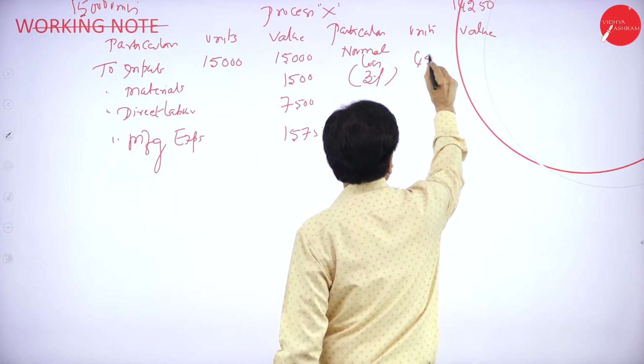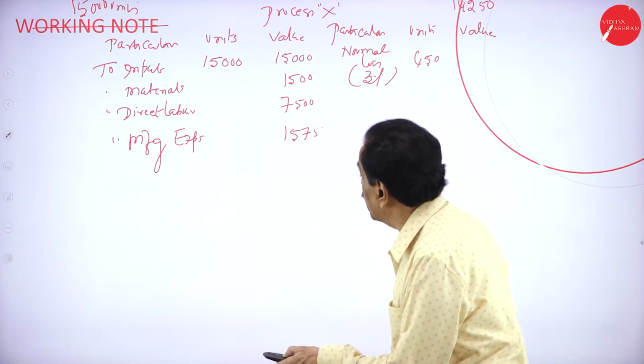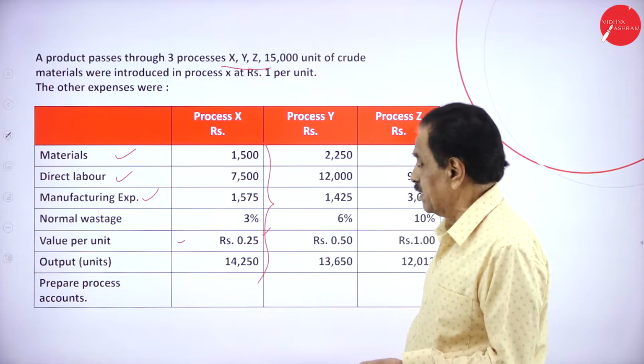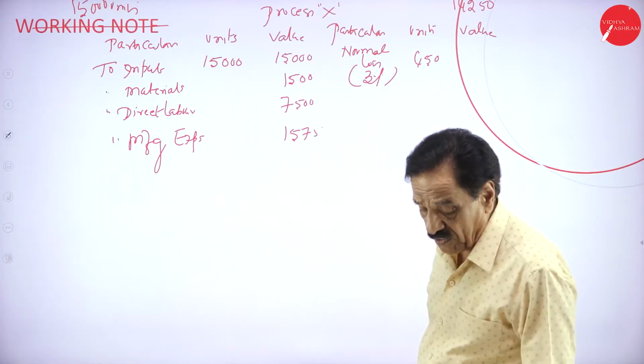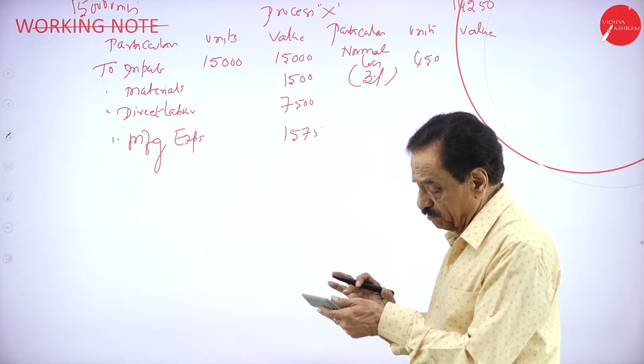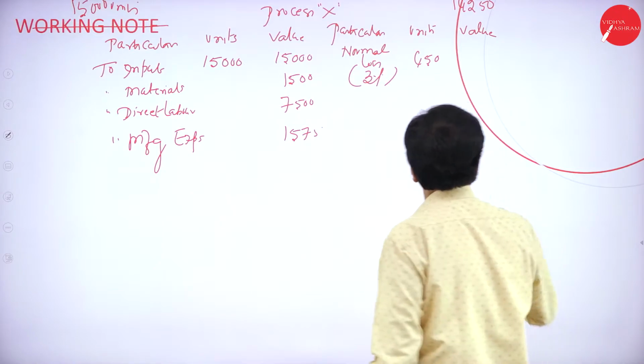450 units. Okay. It has been sold at what rate? It has been sold at rupees 25. So 450 into 0.25 is equal to 112.5.